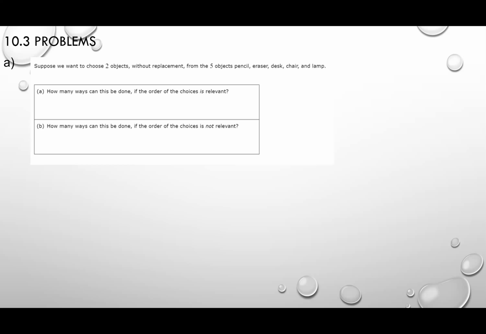And if you look at A and B, they kind of spell it out for you, right? They ask you how many ways can this be done if the order of the choice is important, and the other one is not important, right? So look at this thing here. This is what we have, ladies and gentlemen. If the order matters, we know that is your permutation. And in nPr, the n will be your total items, and the r is how many we are choosing.